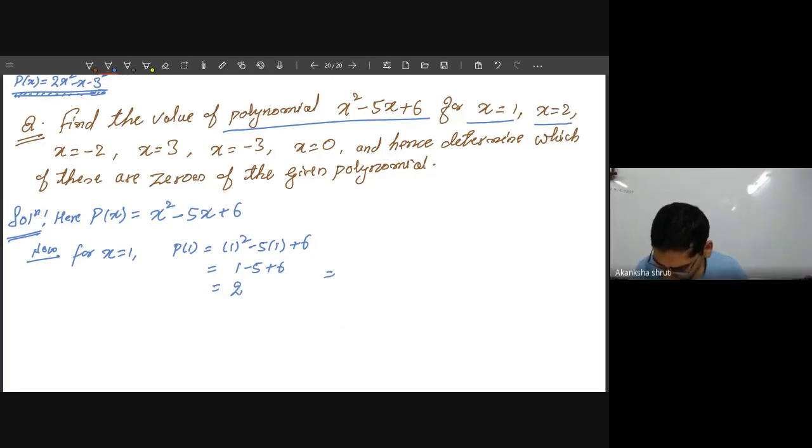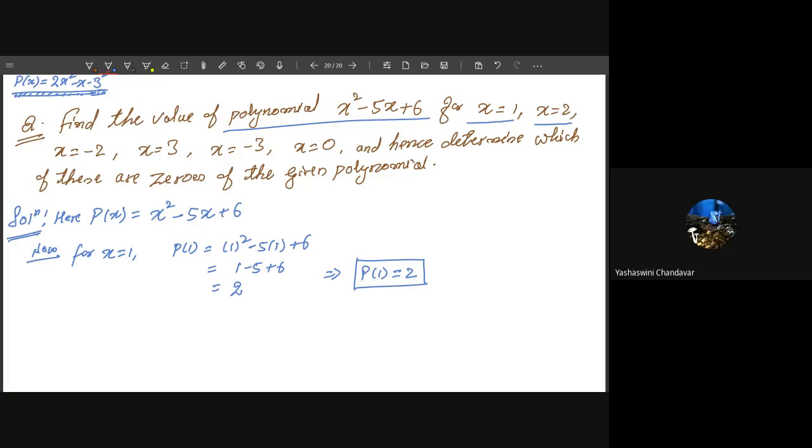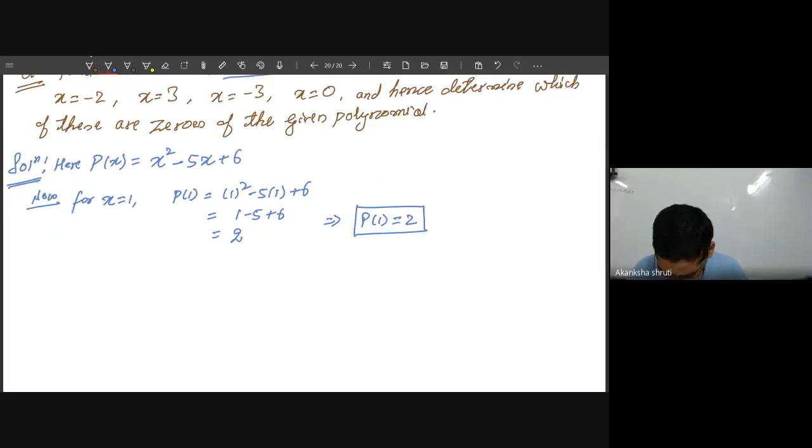So P of 1 is 2. Observe carefully. Now whether x equals 1 is a zero or not, that we also have to write.